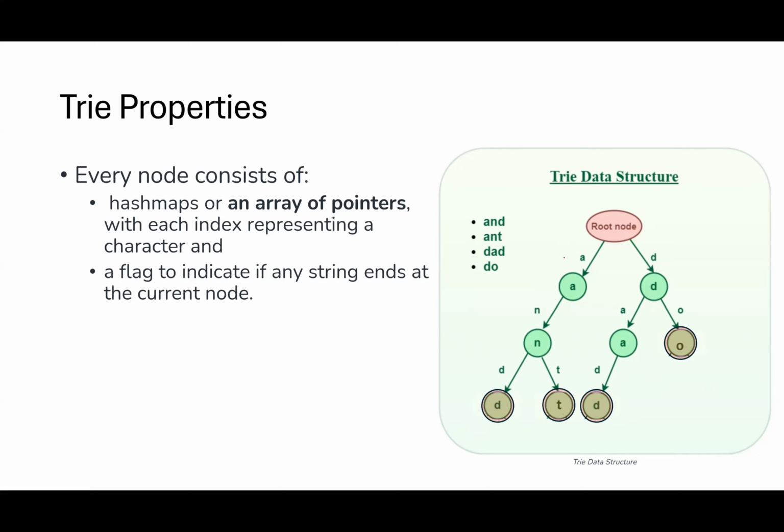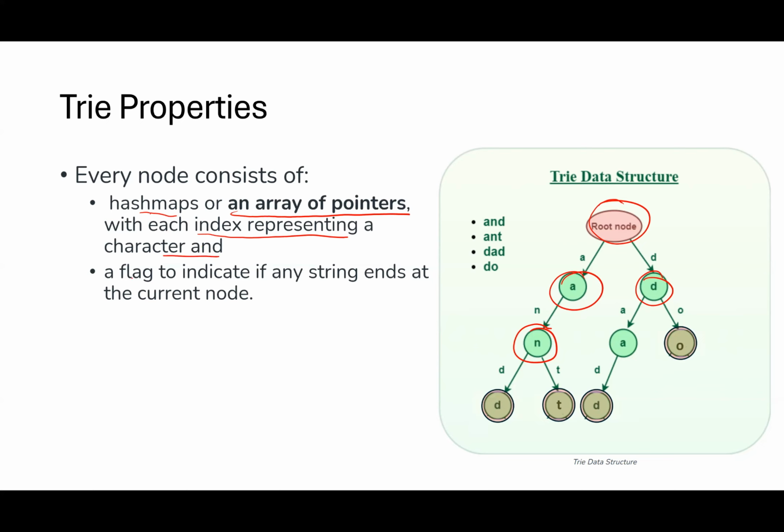So what does each trie node contain? You see we have nodes here, right? Each of these is a node. What does each trie node contain? First of all, it contains a hash map or an array of pointers, each of which represents a character.